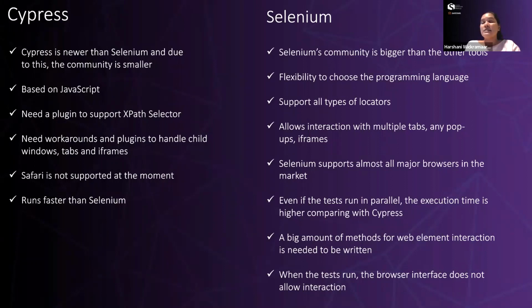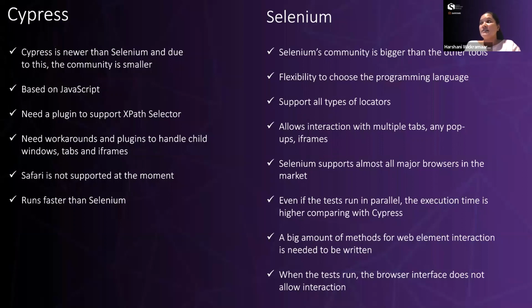And Selenium supports almost all the locators, but Cypress does not support the XPath selector. We need a plugin to use XPath, since they always motivate us to use data attributes for the locators because they are less likely to change.